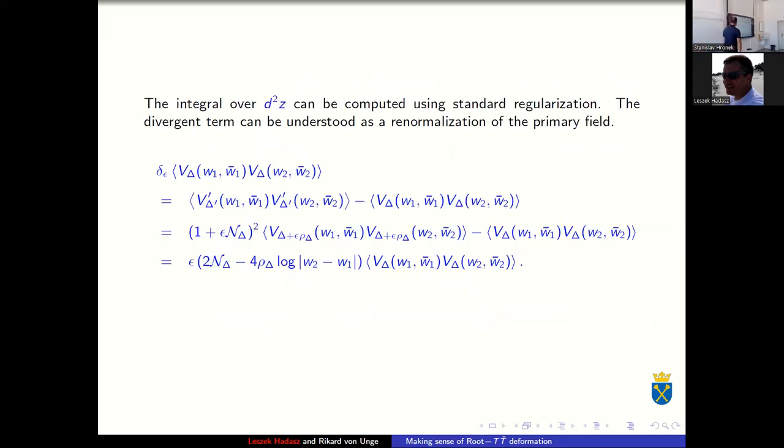And for instance, we can then compute the integral using any standard regularization because this integral is divergent. But this is expected. Right? If you have this type of integral in a conformal theory, and since there is no mass, you do not have the exponential falloff at infinity, so you expect some divergences.